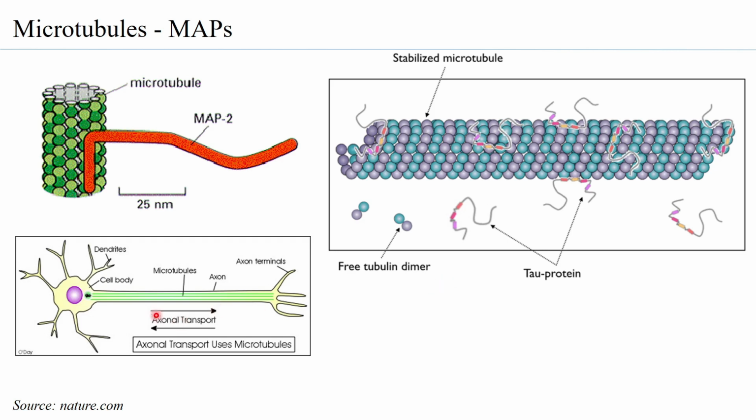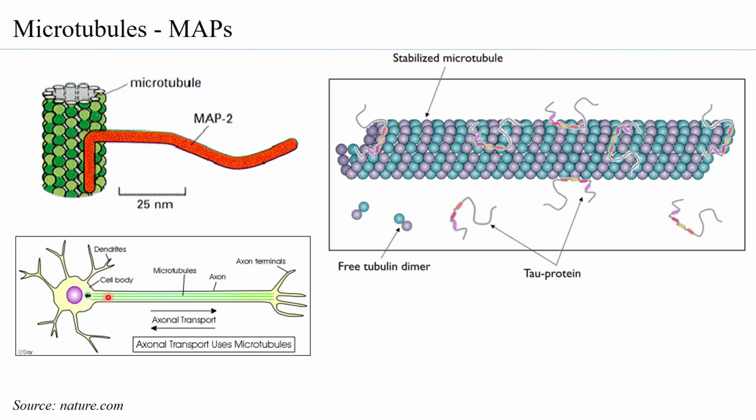If you need to have axonal transport happening all the time, the microtubules within the axon are used as molecular tracks, or what we understand as railway tracks. On these tracks, you have certain molecules walking or moving to transport molecules from here to here, or from here to here.